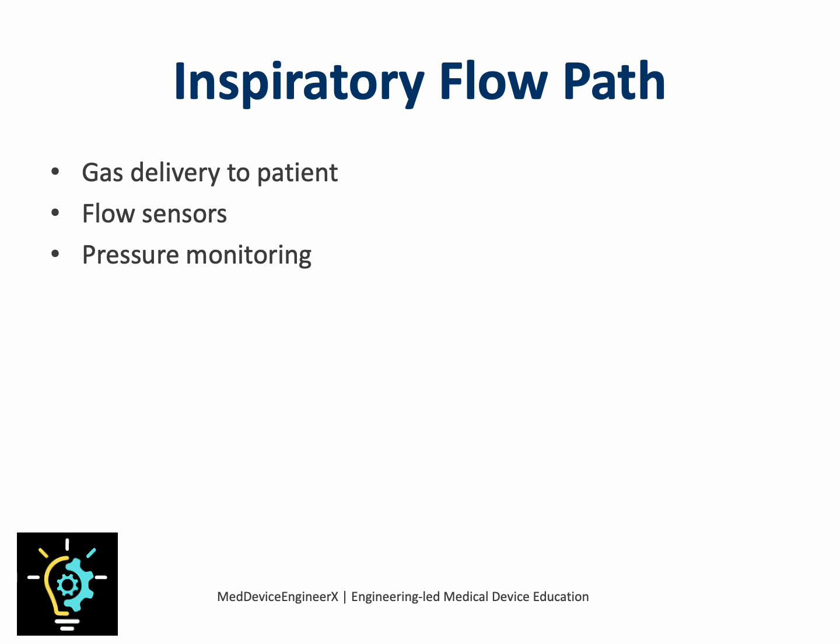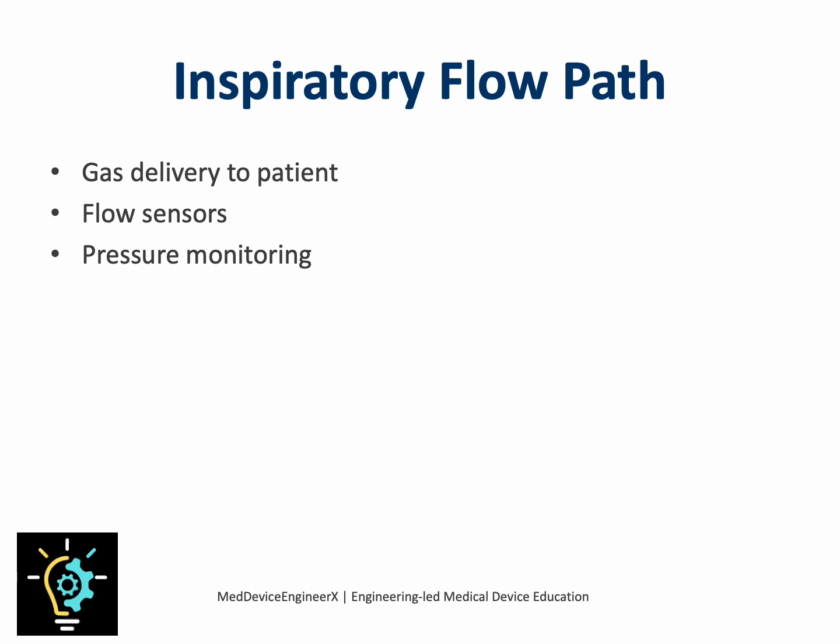Once blended, gas enters the inspiratory flow path. It travels through flow sensors and pressure transducers before reaching the patient circuit. Flow sensors measure delivered volume and flow rate in real time. Pressure sensors ensure that airway pressure remains within safe limits.